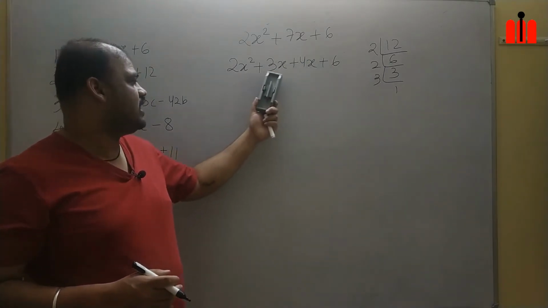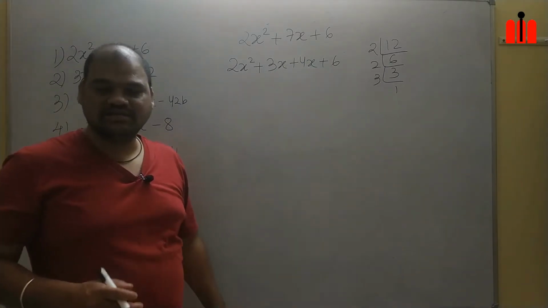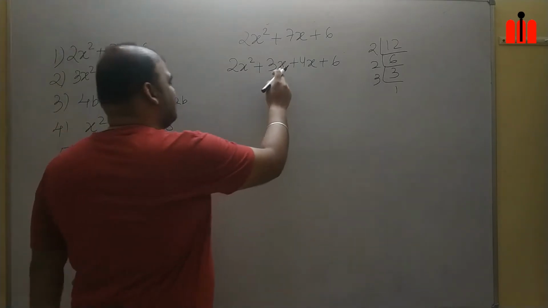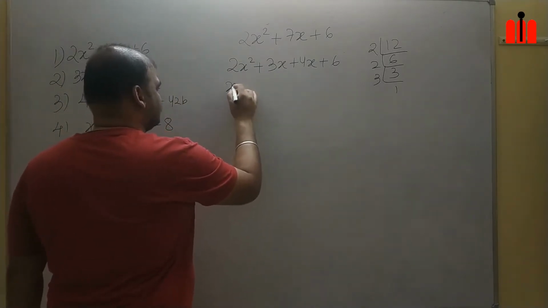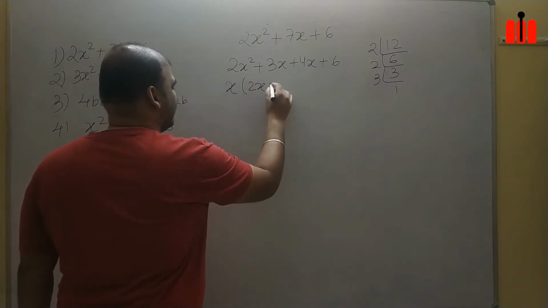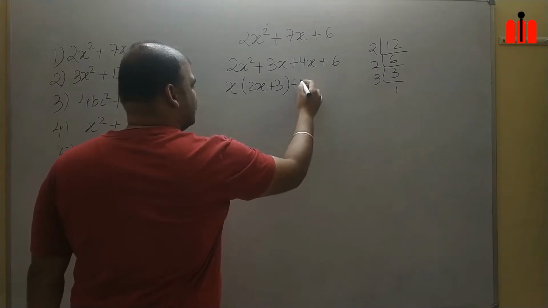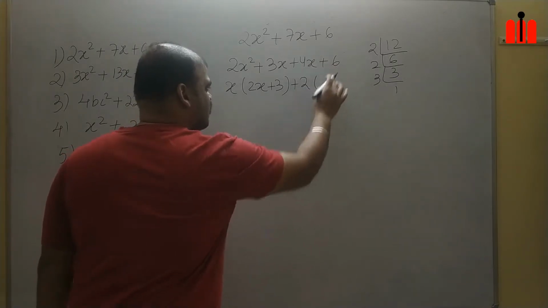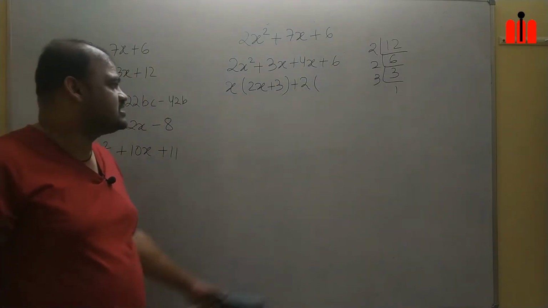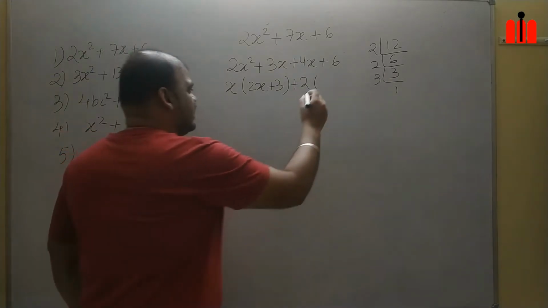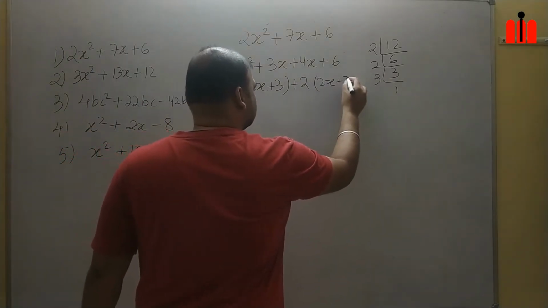So 2x square plus 3x plus 4x plus 6. Now I will take common x from here. So it will be x(2x plus 3) plus, I will take common 2 from here because for both of the terms 4x and 6, 2 is common. So you will get 2(2x plus 3).